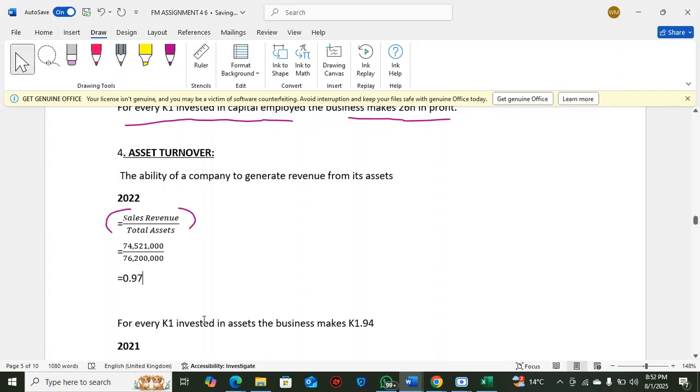So for every one kwacha invested in assets, the business makes 97 ngwee in sales revenue, which is very good, which is fantastic.